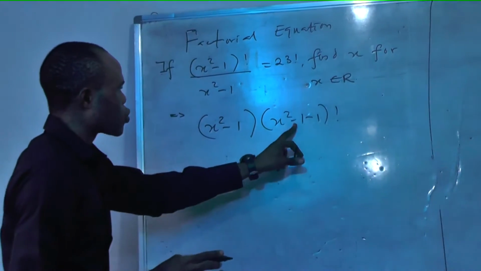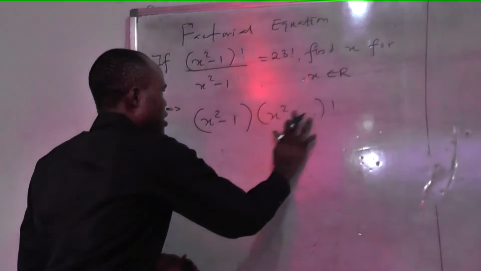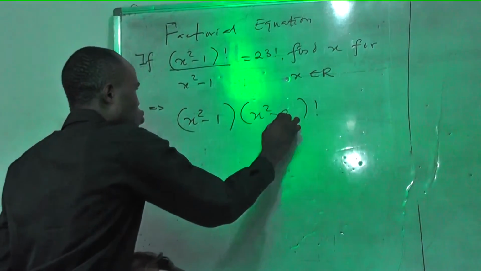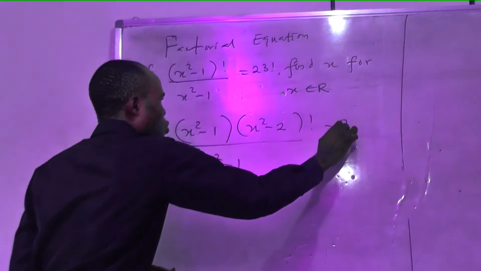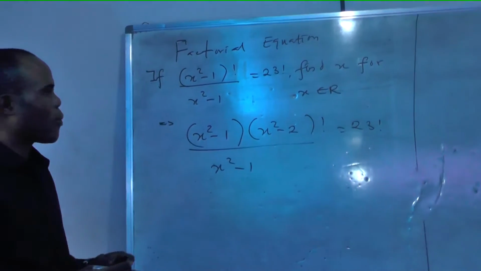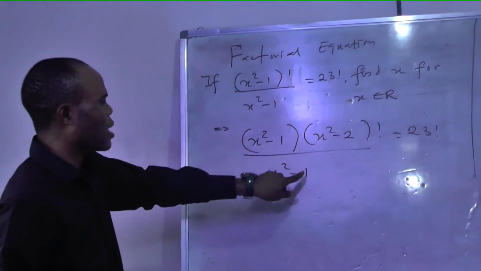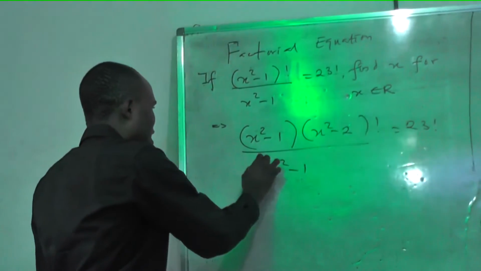Now this minus 1 minus 1 of course is a negative 2, divided by x squared minus 1 equals 23 factorial.